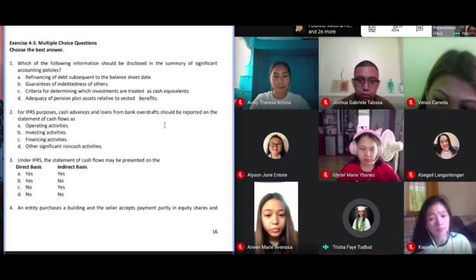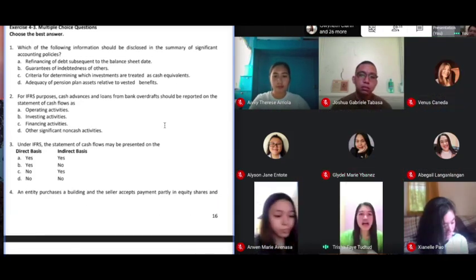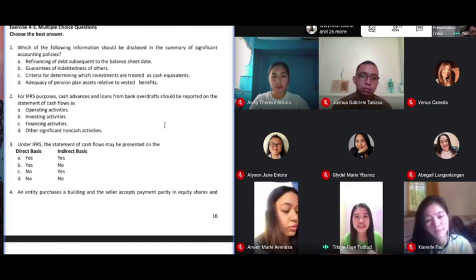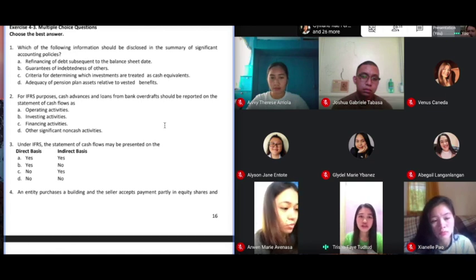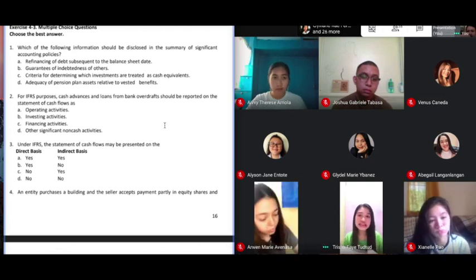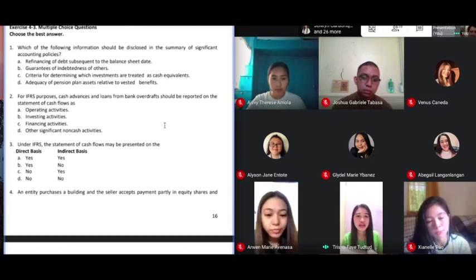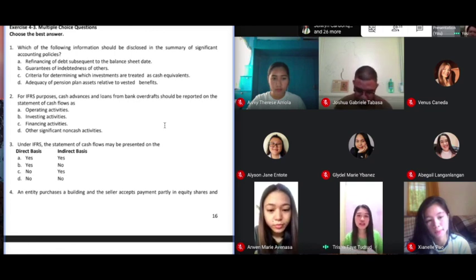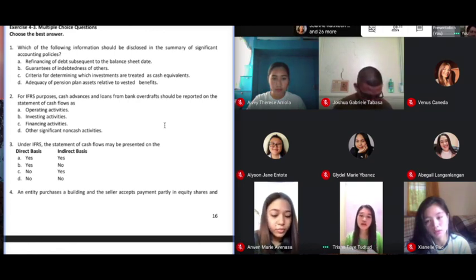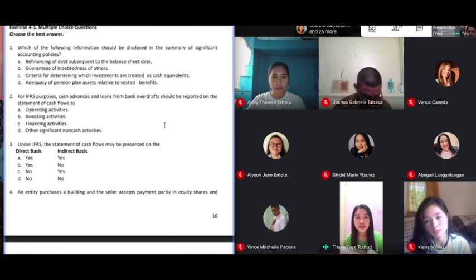So for number 2, sir, for IFRS purposes, cash advances and loans from bank overdrafts should be reported in the statement of cash flows as letter C, financing activities, because bank overdrafts represent borrowing, and bank borrowings are generally considered financing activities.